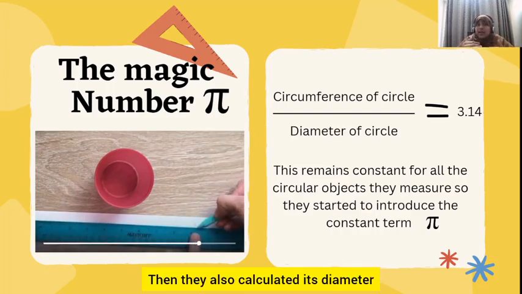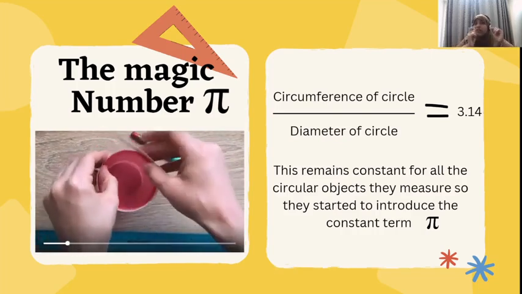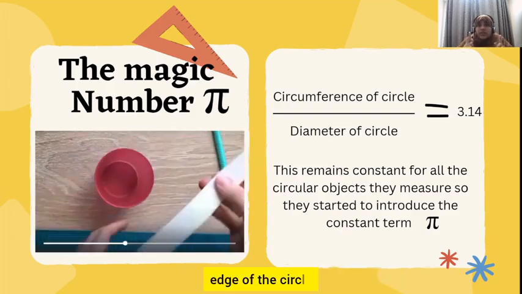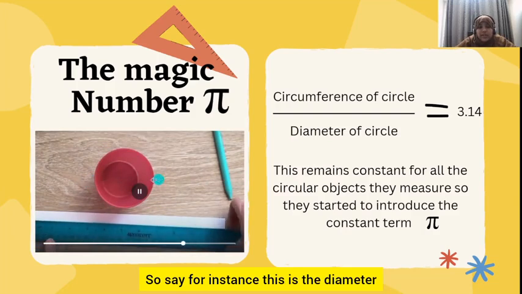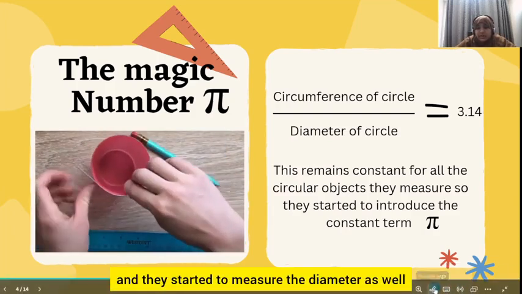Then they also calculated its diameter, which is the measurement from one edge to the other edge of the circle.